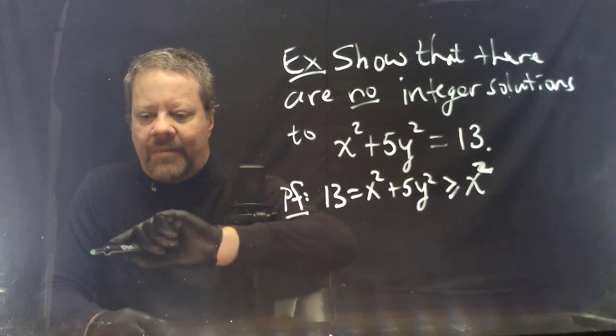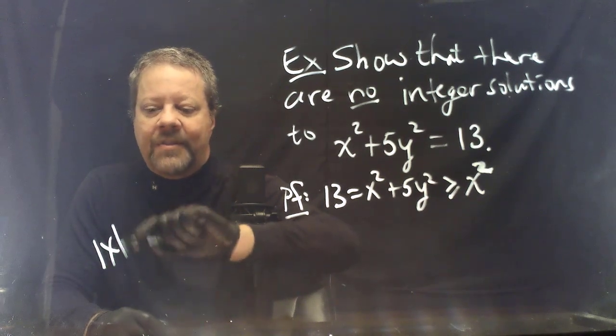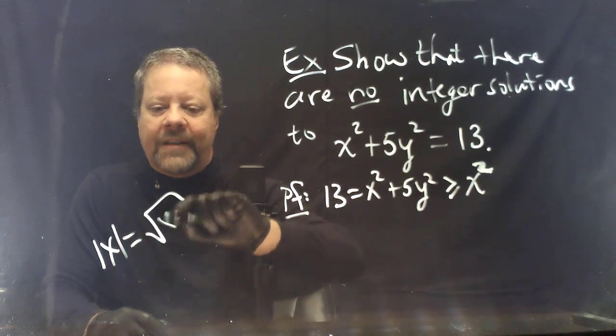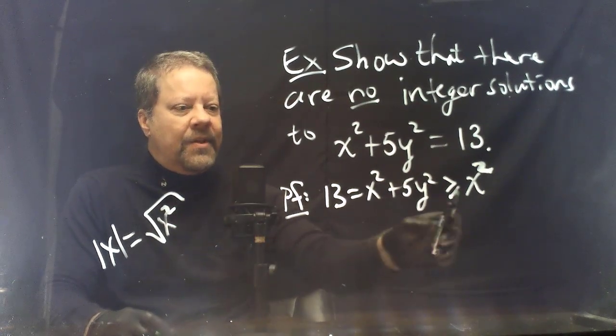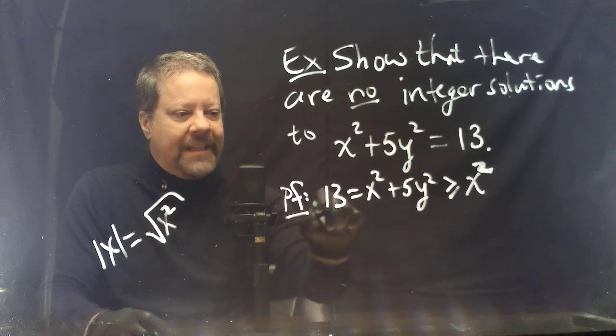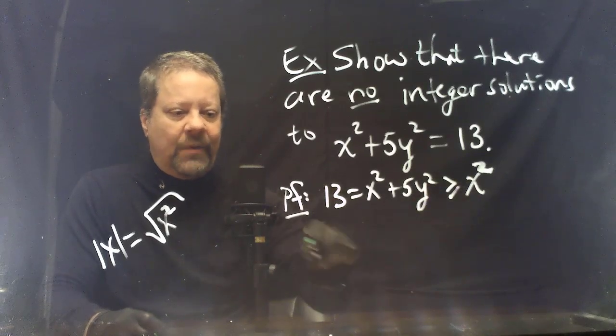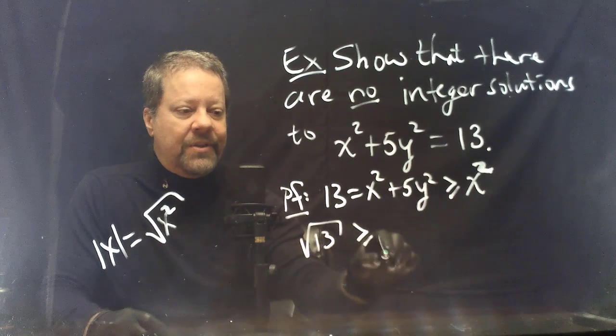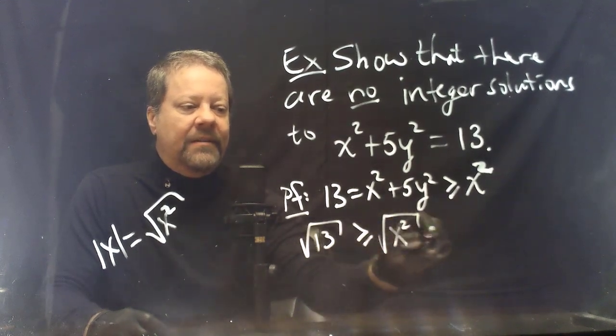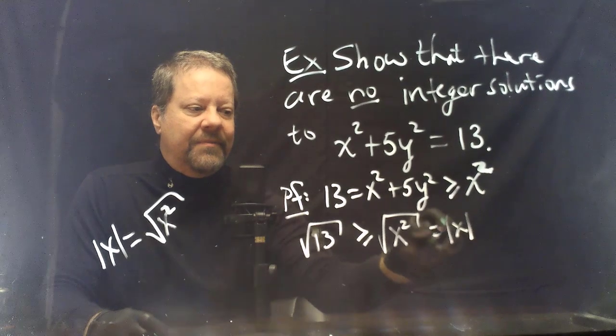You might recall the absolute value of x is equal to the square root of x squared for real numbers. So note, if we take the square root on both sides of this inequality, we'll have the square root of 13 is greater than or equal to the square root of x squared, which is the absolute value of x.